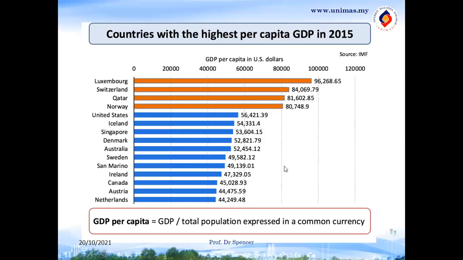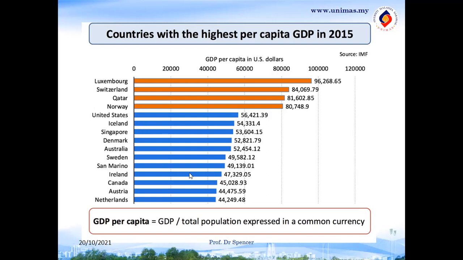So countries with the highest per capita GDP in 2015, Luxembourg. It's a small country. Luxembourg is a small country, but in terms of per capita income, it is the highest, yeah. Almost 100,000 per person per year. Right.